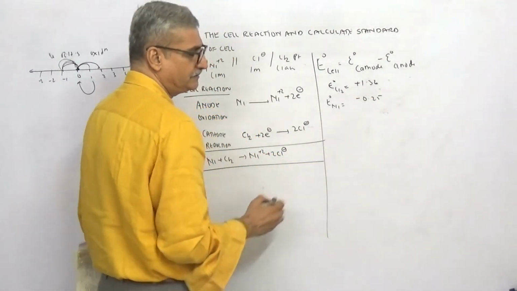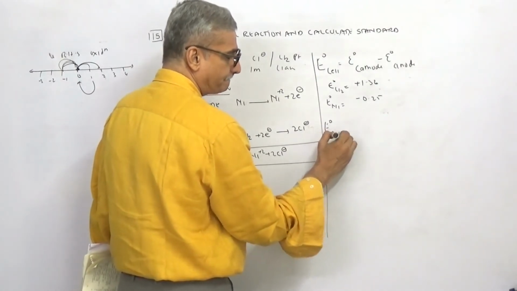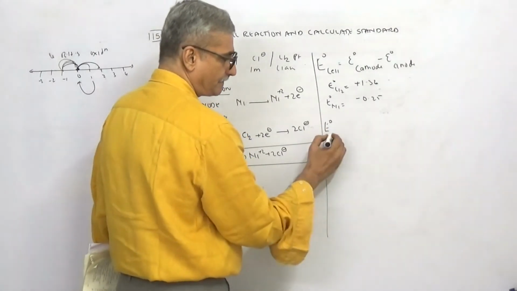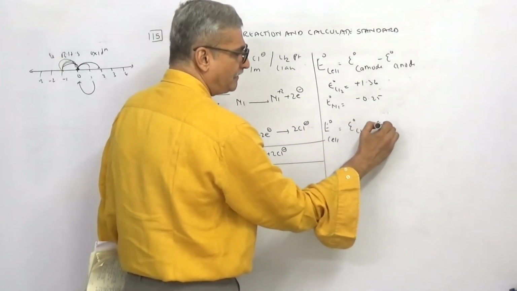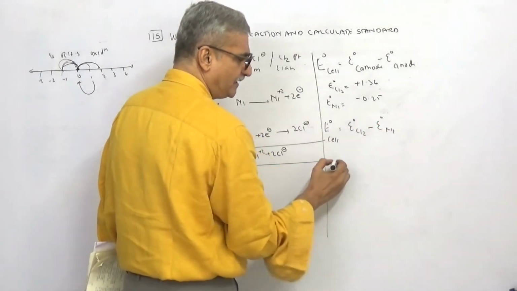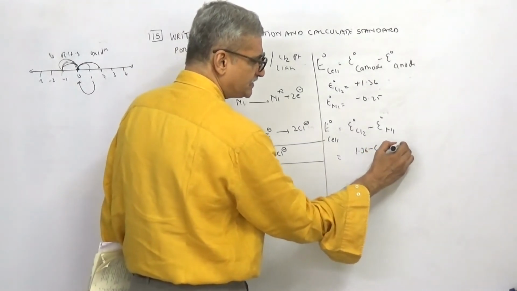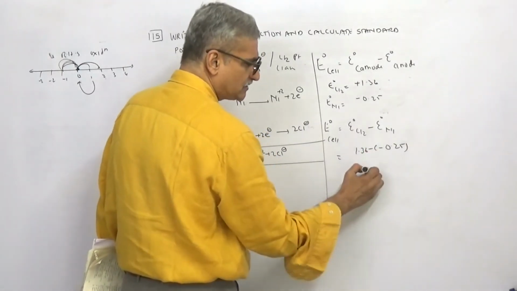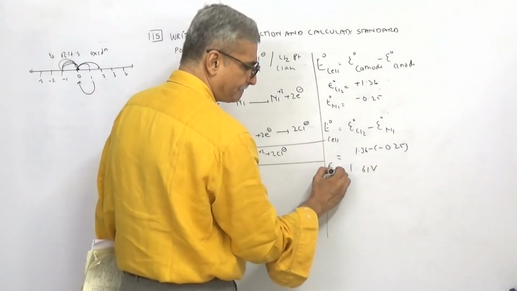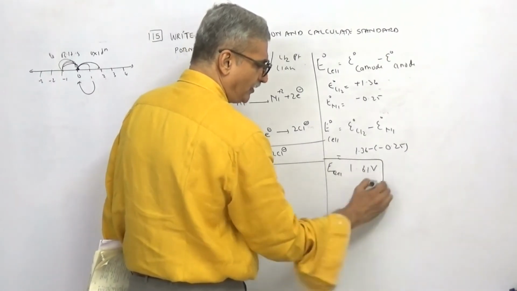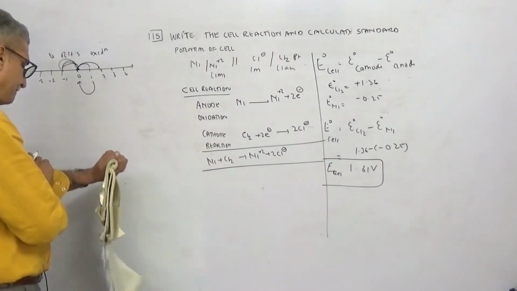So what will happen then? E naught of cell will be E naught of chlorine minus E naught of nickel, cathode minus anode. So this will be 1.36 minus of minus 0.25, so 1.61 volt. Yeah, we have time.